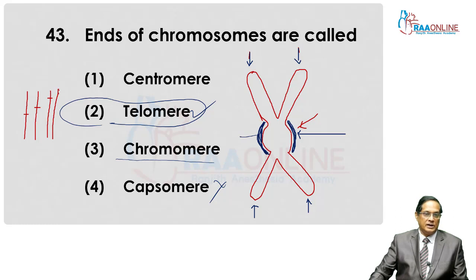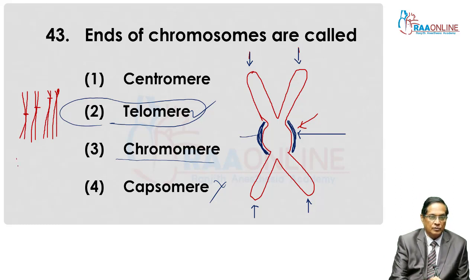If centromere is at the one end, then it is telocentric. The 4 different types of chromosomes are there on the basis of position of centromere. You can also display them in 2 arms. This is centromere, and this is very short, almost at the end, then it is telocentric.